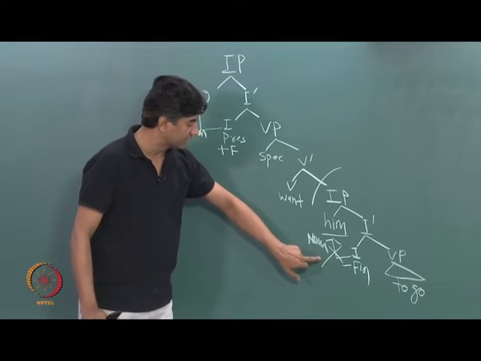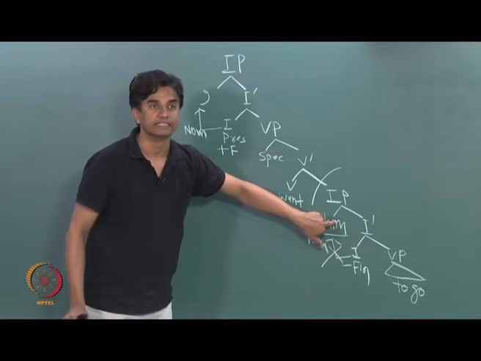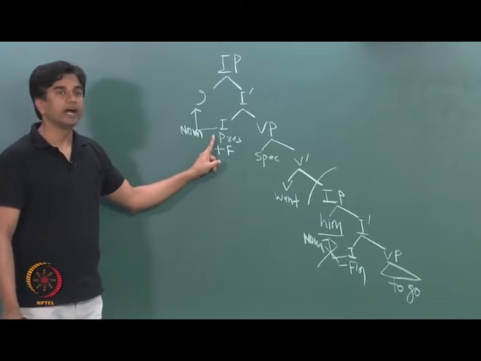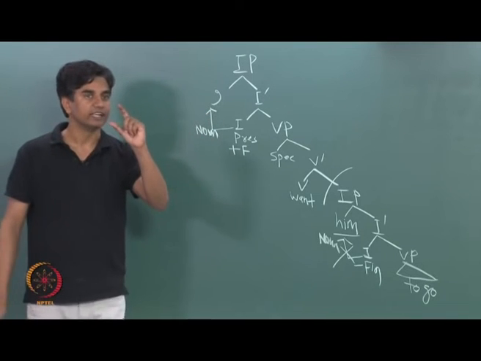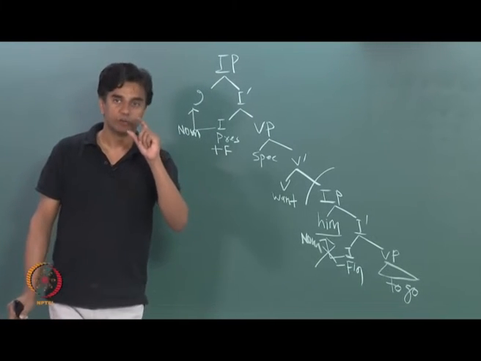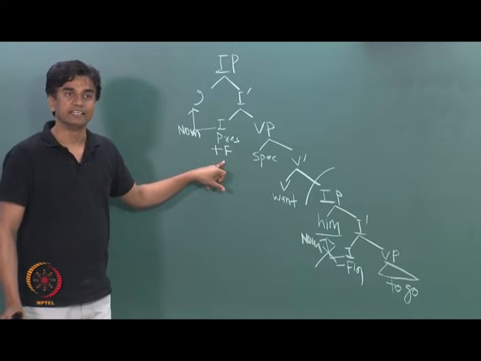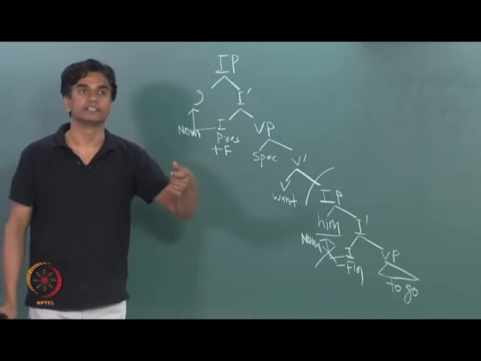Once we are clear that this I does not assign nominative case to this NP, then we know what it is about I that assigns nominative case. It's not just the I which assigns nominative case. What assigns nominative case actually is the finiteness, is tense, and other features which are bundled under it.